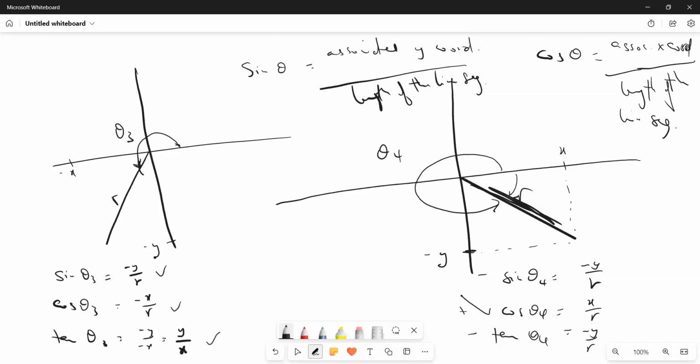And tan of any angle is the associated y coordinate over the associated x. So that goes for any angle. It's not restricted to just acute angles. It's not only angles between 0 and 360, it covers even negative angles, and angles that exceed 360 by far, right?